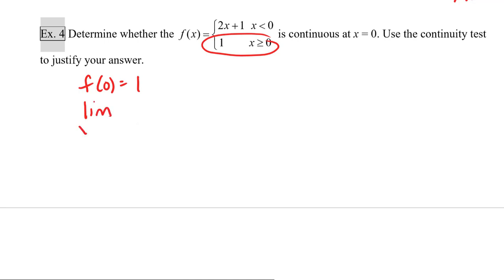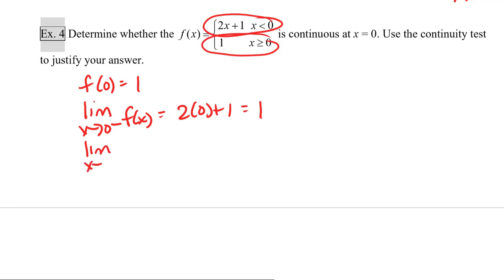So the limit as x approaches 0 from the left of f of x, I'm going to get when I plug into this piece of the function. So 2 times 0 plus 1 is equal to 1. Now I'm going to evaluate the limit as x approaches 0 from the right of f of x. I get that by using this piece, and that is equal to 1.